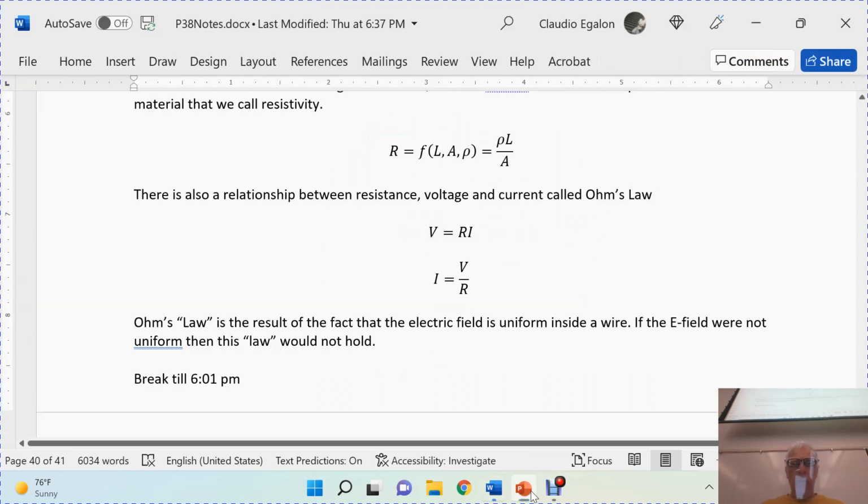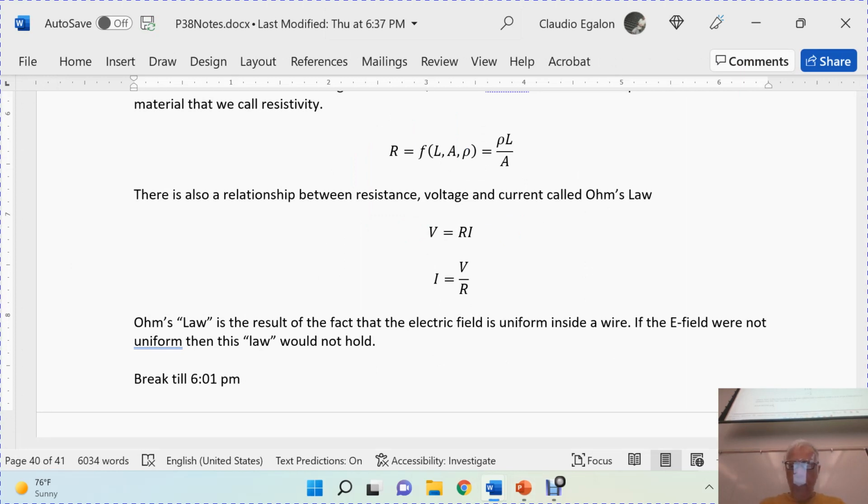Okay? And we can solve a simple problem here. A single resistor is connected to a battery of 120 volts.